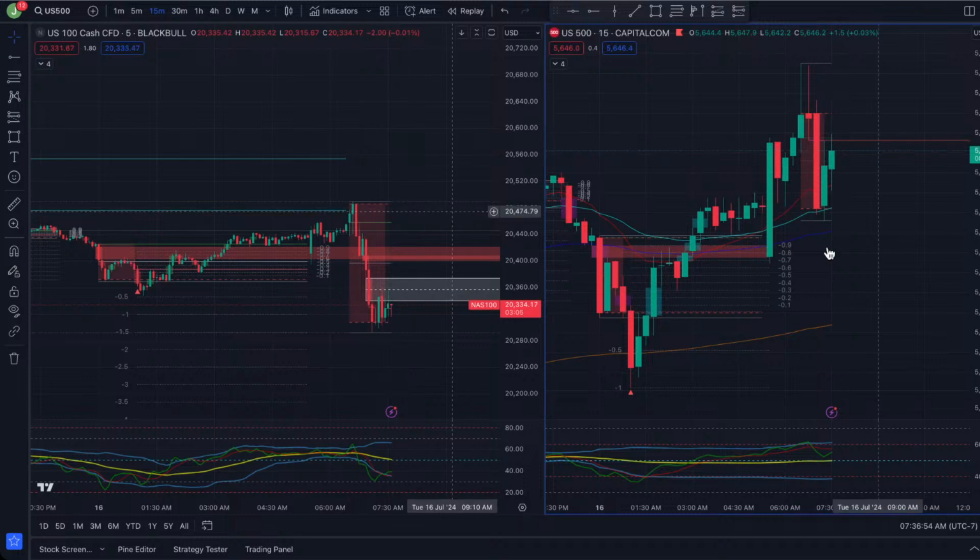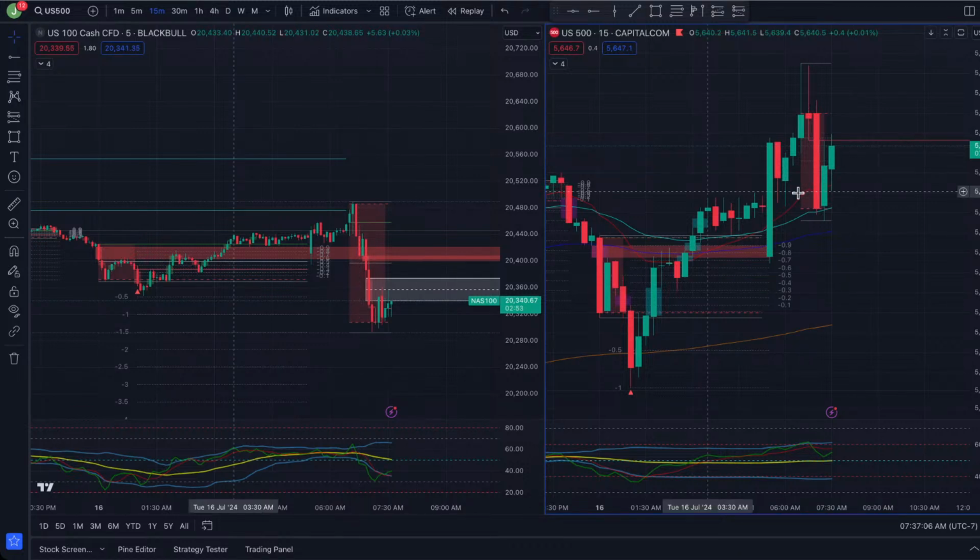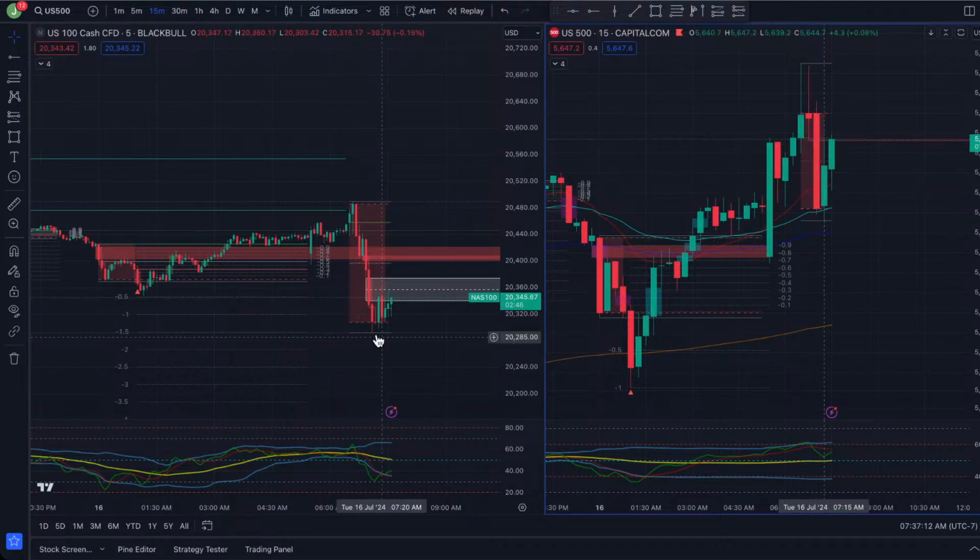But again, we're going to wait and see how NAS does in this fair value gap. When you see this kind of divergence on sister pairs, they're usually pausing one market so they can take more liquidity, liquidity being the lifeblood of the market, and then pushing up.